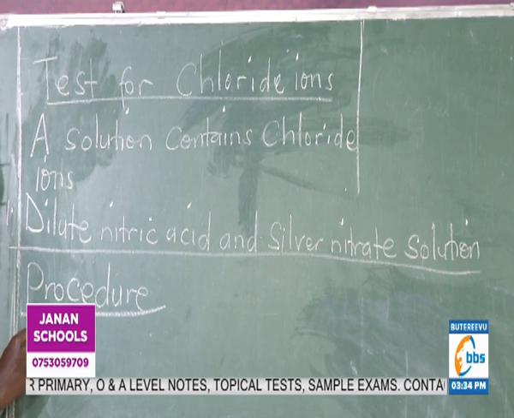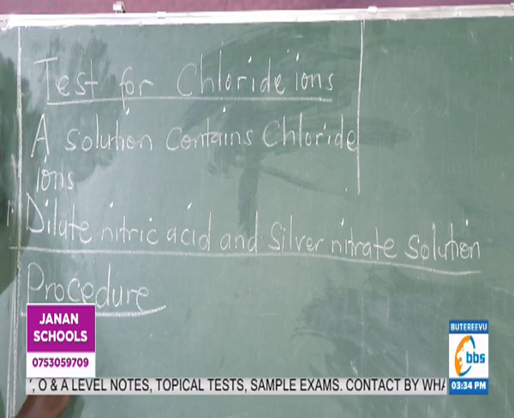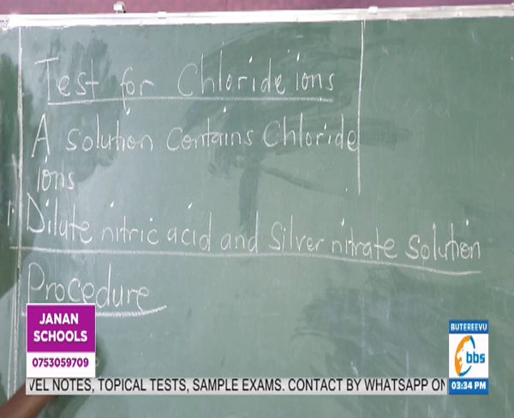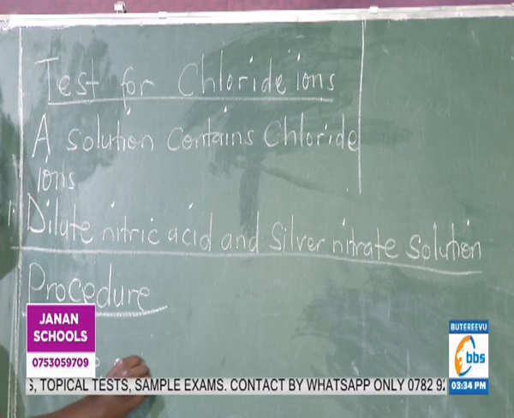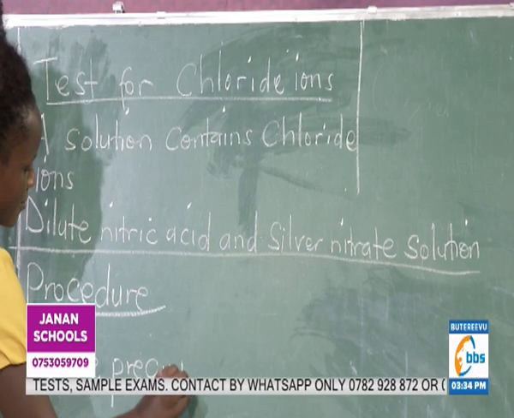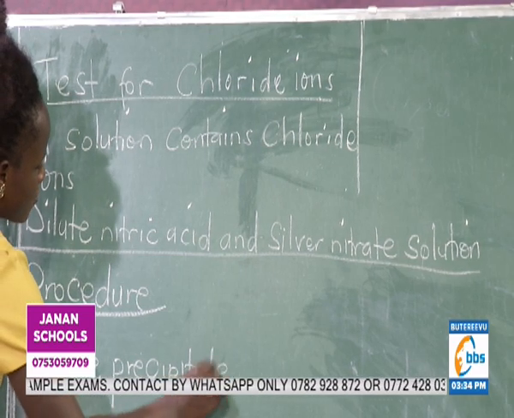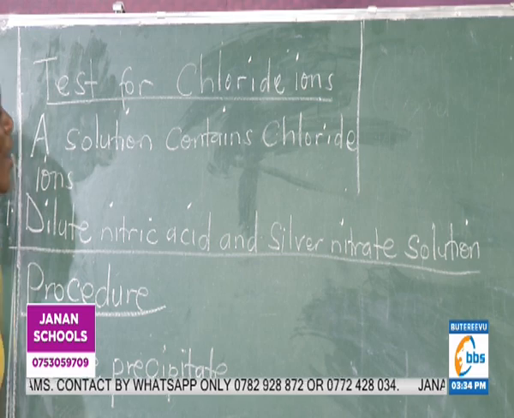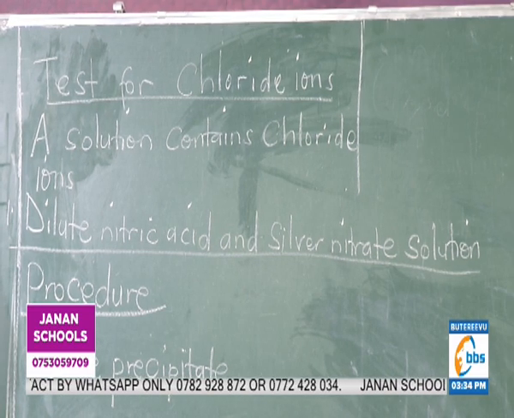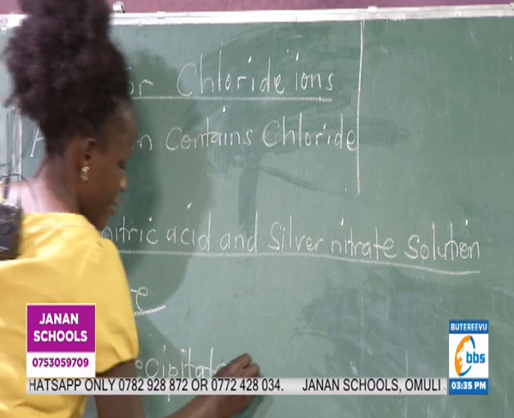And what do you observe? You observe a white precipitate. A white precipitate of silver chloride.